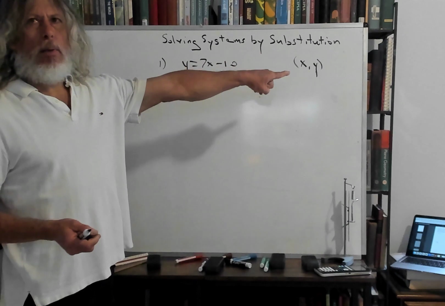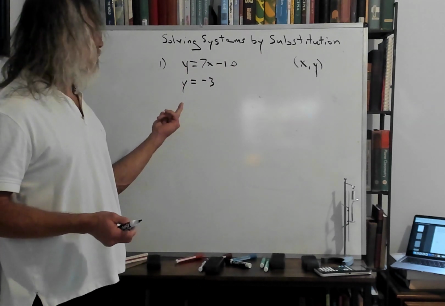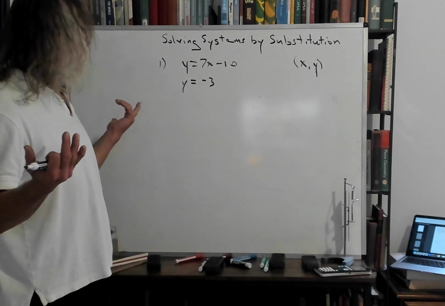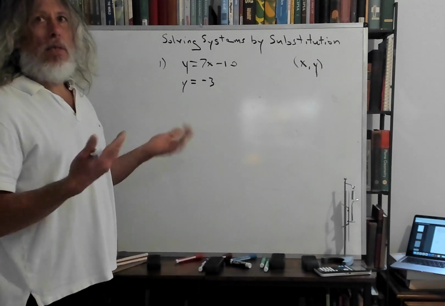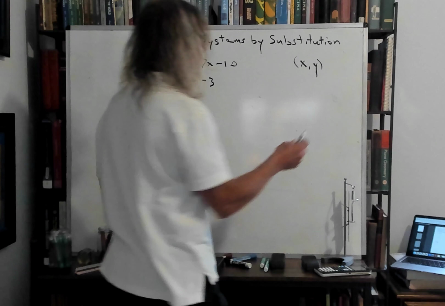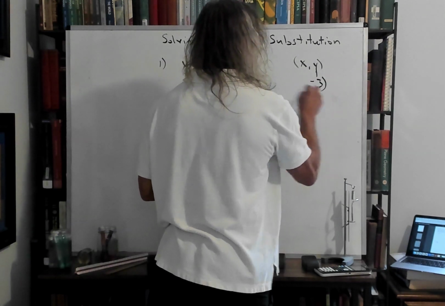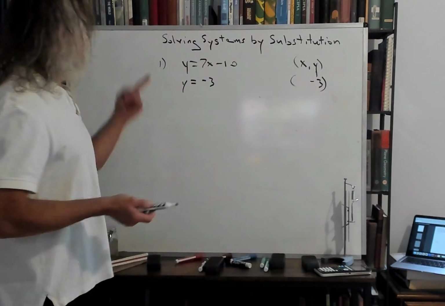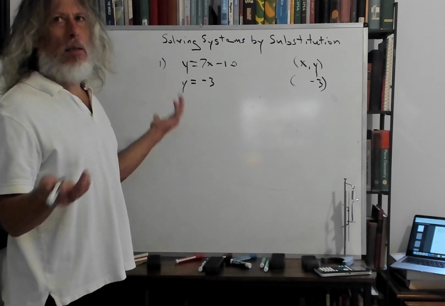Try a pair of numbers that works in both equations. That's the idea. So substitution is easy here. We already have it. The y is negative 3 in this case. So we just get this and put it in place of y and solve.